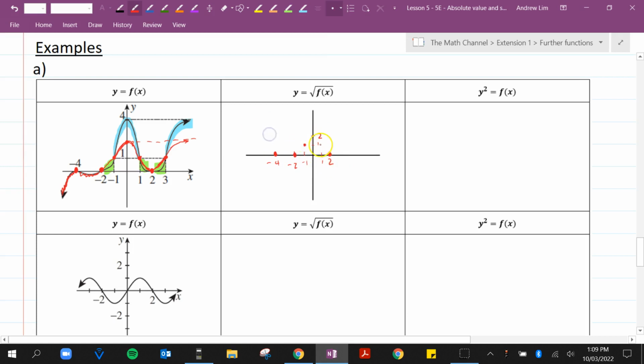At 1 will be 1. 3 will also be 1. 0 will be 2. It's going to be an asymptote. And then we can graph the rest. So it looks like it's something like this. And that's it.